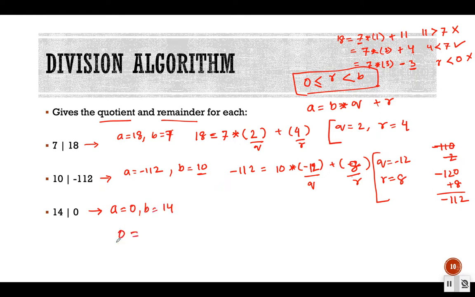We have to represent a as b times some number plus some number. It's actually simple: we make both 0. So b times 0 is 0, plus 0. Here the quotient is 0 and the remainder is also 0.